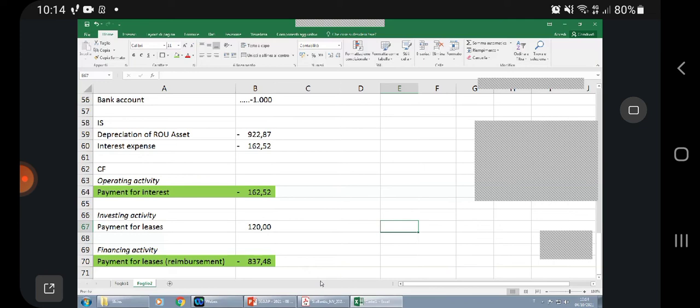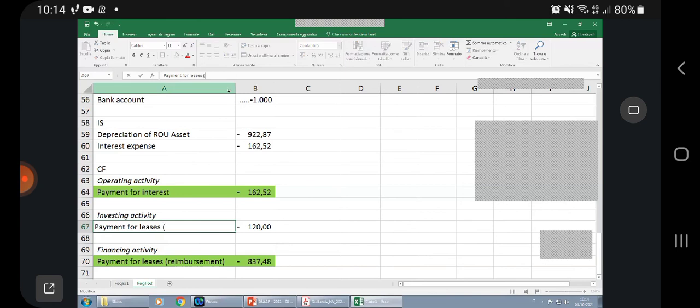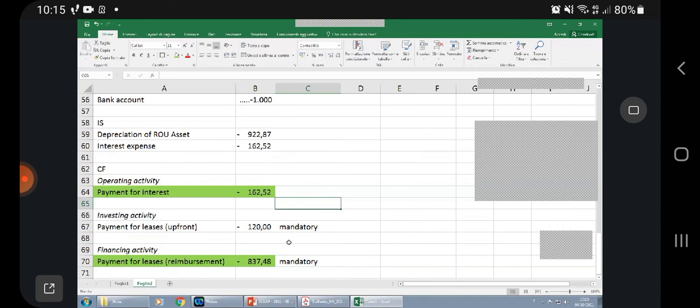The payment of lease is minus or plus? Minus all payments. Minus. This is payments for lease, to be more precise, upfront. Okay? Again, it is mandatory to use this category. This is optional.